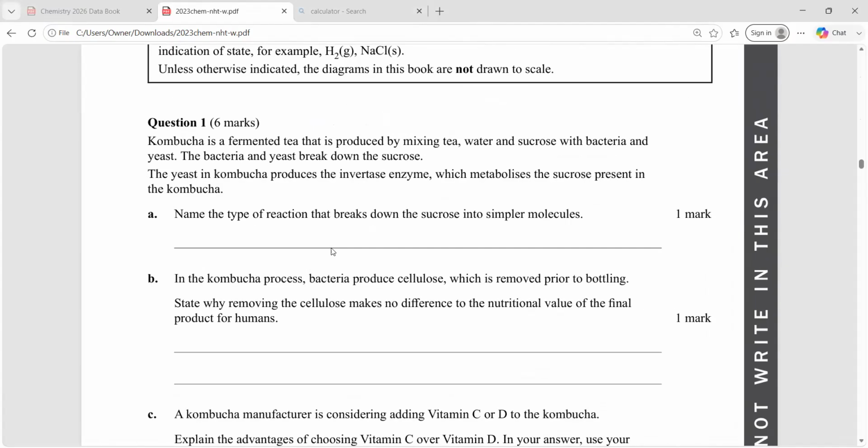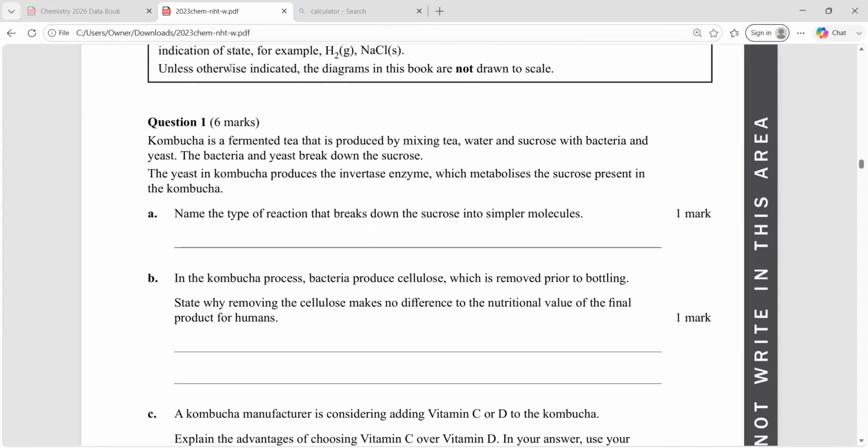Okay. Kombucha is a fermented tea that is produced by mixing tea, water, and sucrose with bacteria. The bacteria break down the sucrose. Firstly, it'd be great if I could get the annotating feature, which it's not letting me actually write.